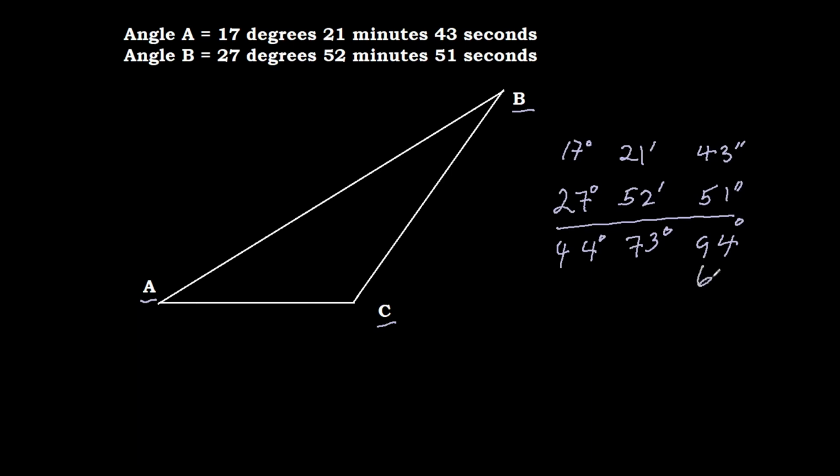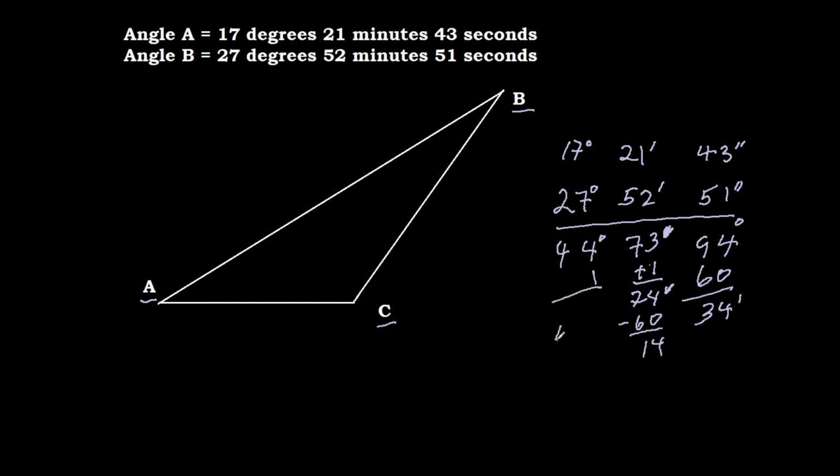If we subtract 60 from this, we get 34 seconds. Then we add 1 to the minutes, which makes it 74 minutes, and we subtract 60 minutes from this, it becomes 14, and then we add one more.